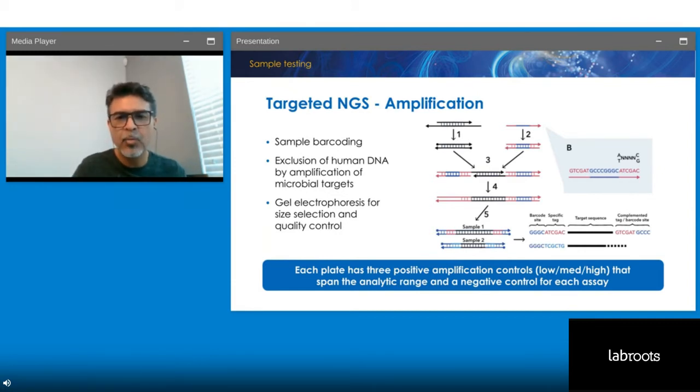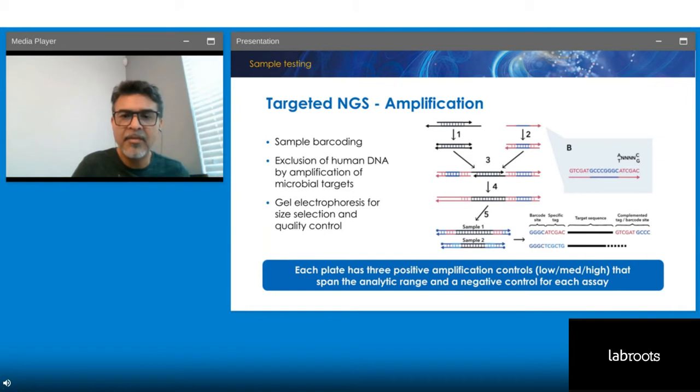Also, when we amplify these target genes, which are the 16S, it allows us to remove, in relative terms, the human DNA by amplifying the microbial target. And we also have gel electrophoresis for size selection and quality control. We make sure that the size of the sequences that will be analyzed has the quality and the size that is appropriate for the platform being used for sequencing.